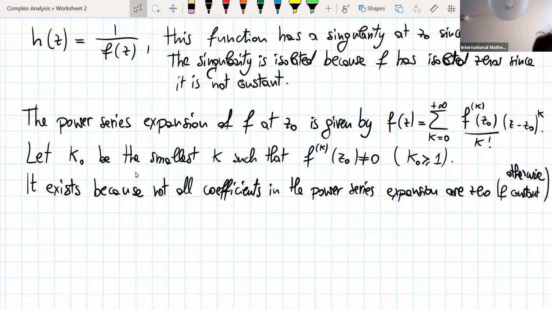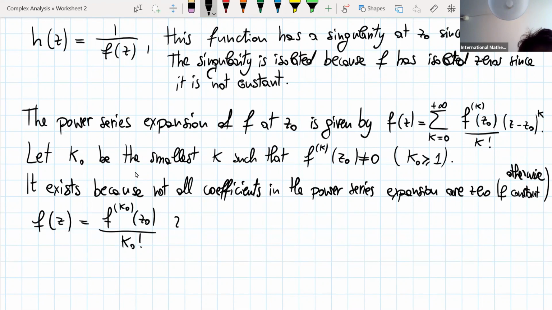as this first non-zero coefficient, f^(k0) of z0 divided by k0 factorial times z minus z0 to the k0.